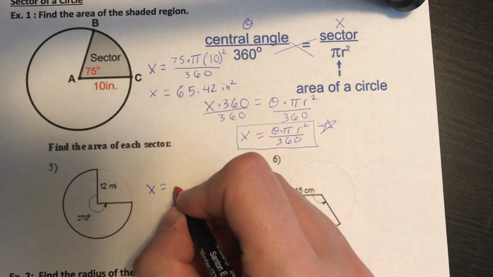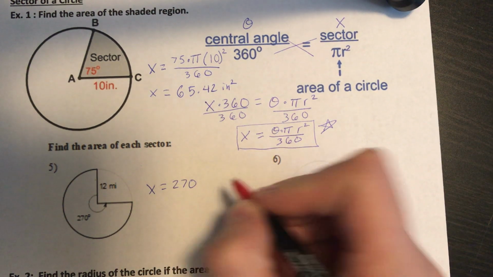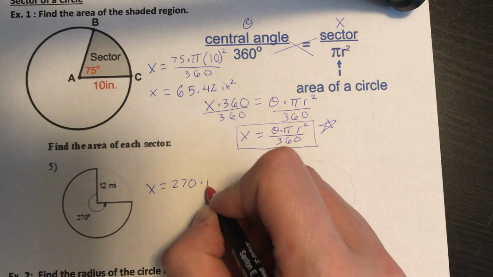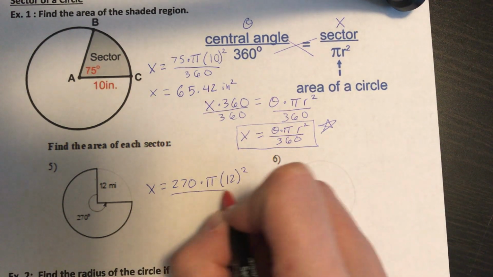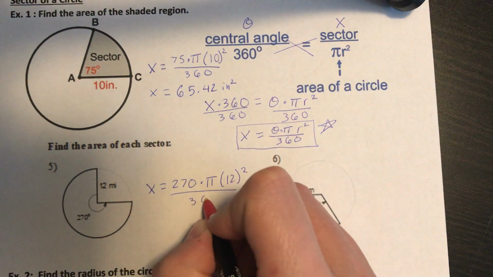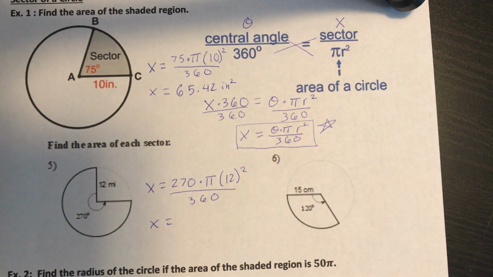My interior angle is 270 this time, and we're going to multiply that by pi times 12 squared divided by 360. I'm just going to put that in my calculator. Again, if you want to pause the video and try to work through these problems on your own and then check yourself, that'd probably be best practice.